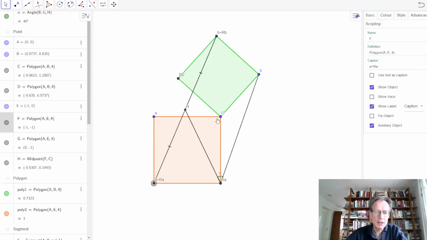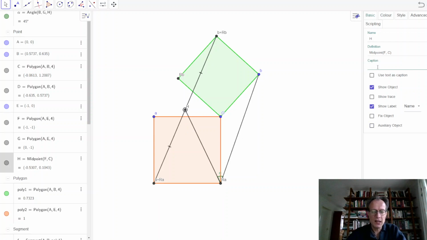And because it is the midpoint, it is half the sum of those vectors, so the vector B plus RB and the vector A plus RA, and half the sum of it, and that's also quite basic algebra, ends up at the midpoint. So we have that H is half of A plus RA plus B plus RB, divided by 2. So that's that vector.